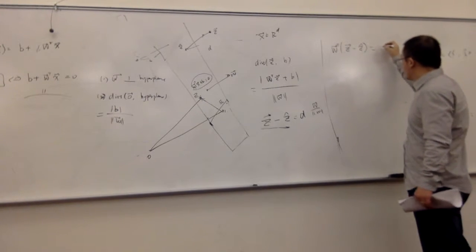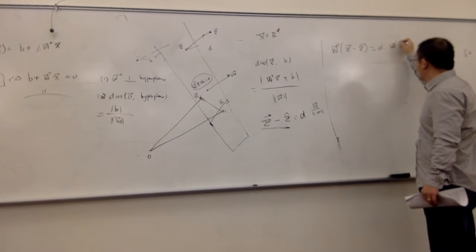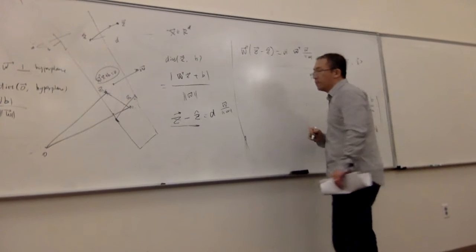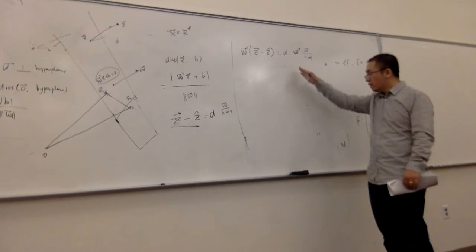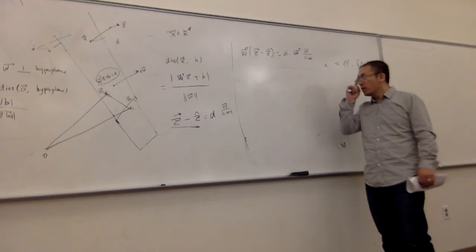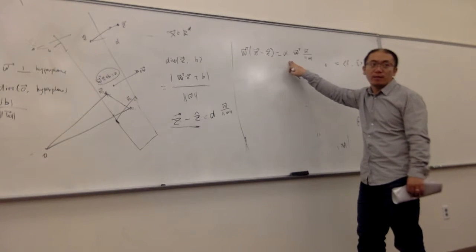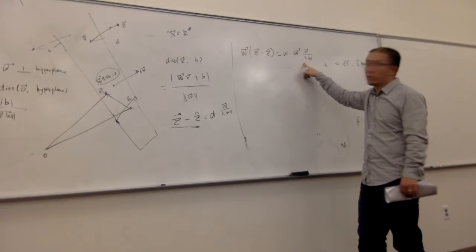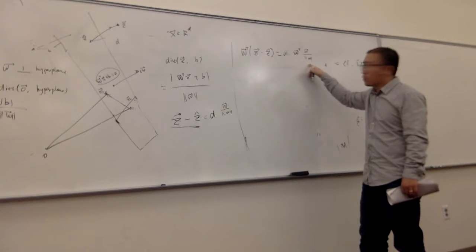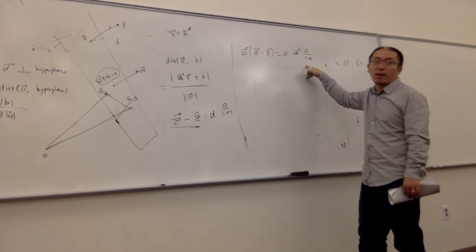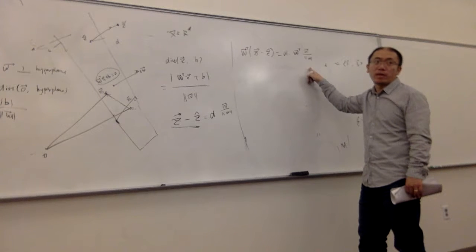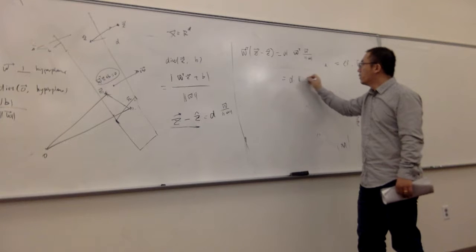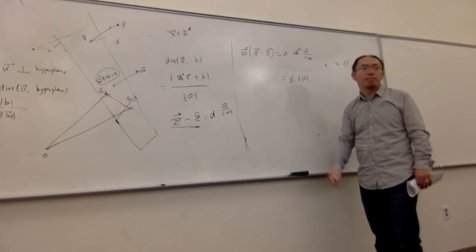The right-hand side is D times W transpose W over norm of W. And let us look at what we have. First, on the right-hand side, in the numerator it is W transpose W, so that means it is the square norm of W. Then you divide by the norm of W. One norm of W is cancelled. So on the right-hand side, it becomes the norm of W.